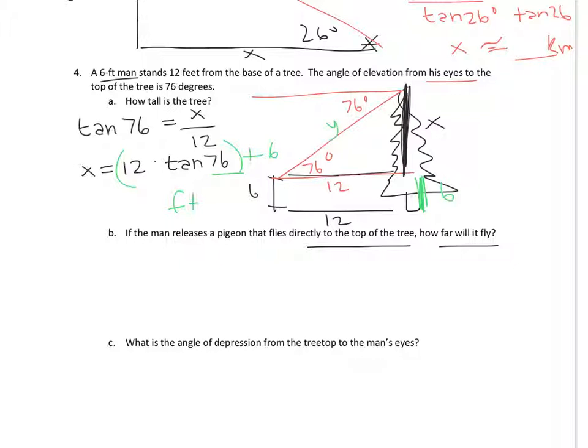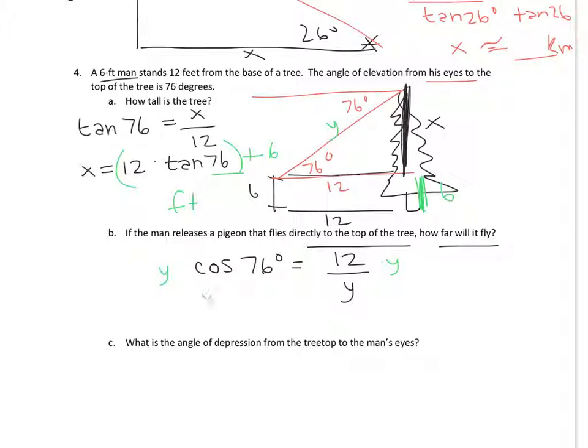So to find y, I have the adjacent and I want to know the hypotenuse. So I'm going to use cosine. So the cosine of 76 degrees equals adjacent 12 over hypotenuse, y. So to solve for y, you multiply both sides by y.